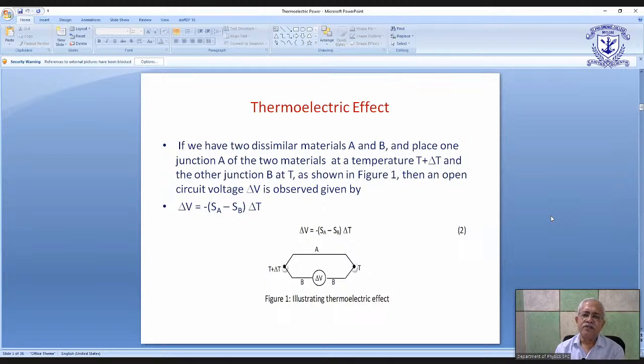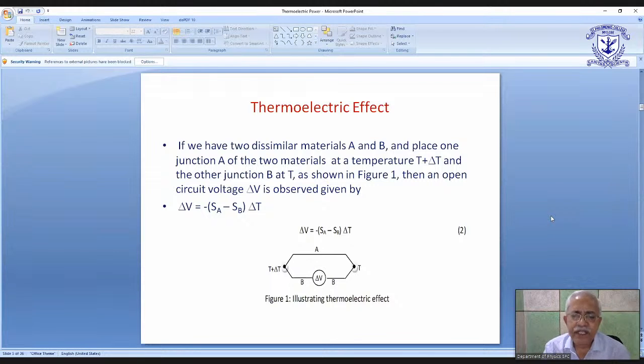Okay. So since these two currents are equal and opposite, essentially no current will flow, which implies that the potential difference is 0. Okay. Or in other words, the potential difference which is established by the upper branch is exactly equal and opposite to the lower branch if B is replaced by A. Okay.